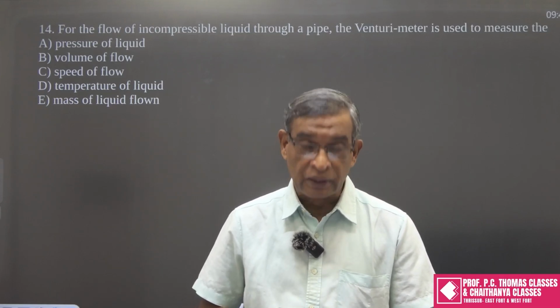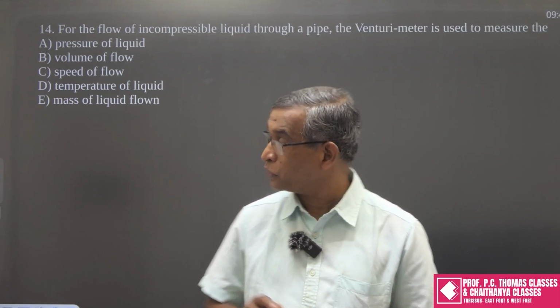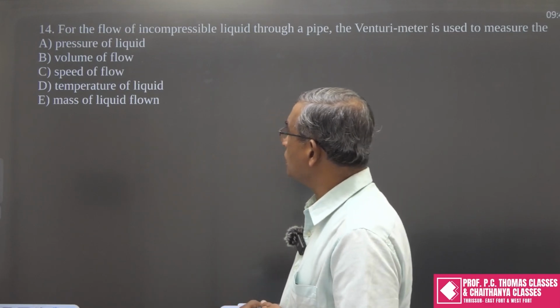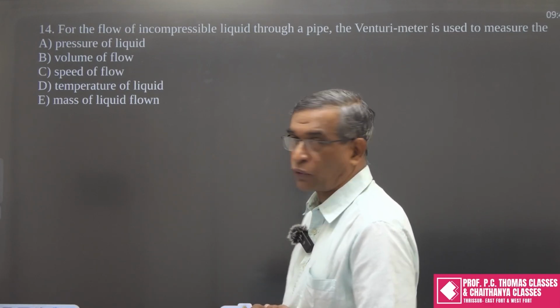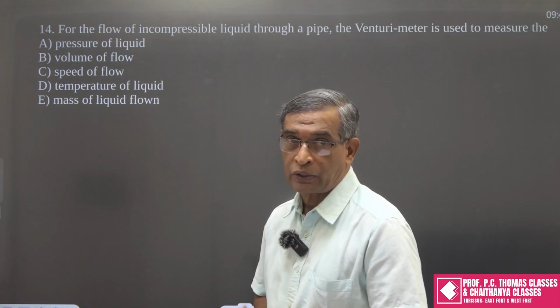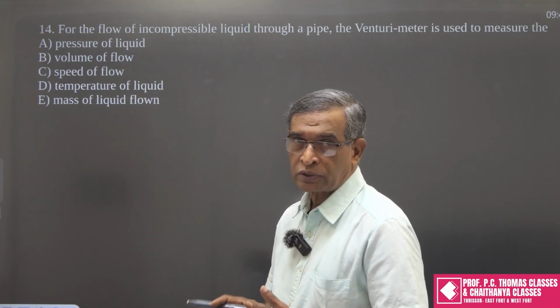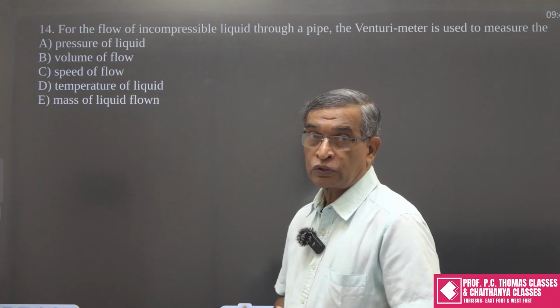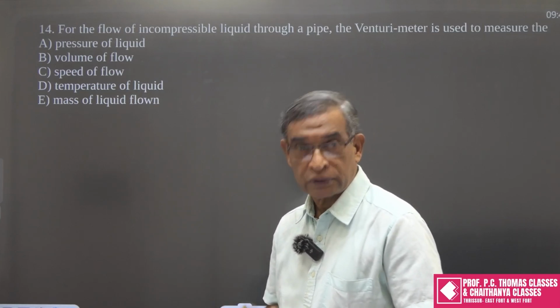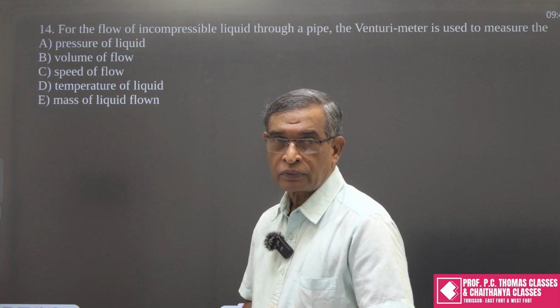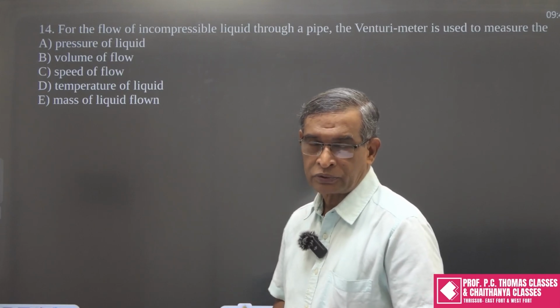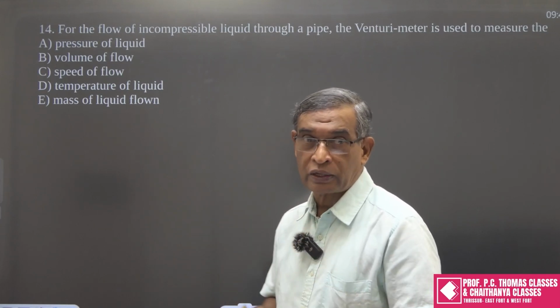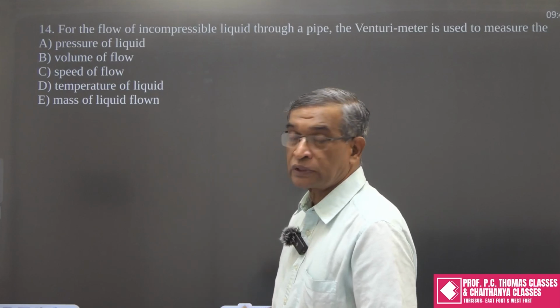Among the options, pressure, volume of flow, rate of flow, speed of flow, that can be done using the venturimeter. First of all, we have to calculate the speed of flow, then we have to calculate the volume flux. Volume flowing out is AV, so first of all we have to calculate v, for which we are using the venturimeter.